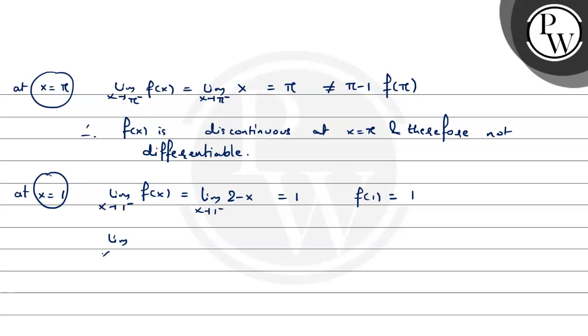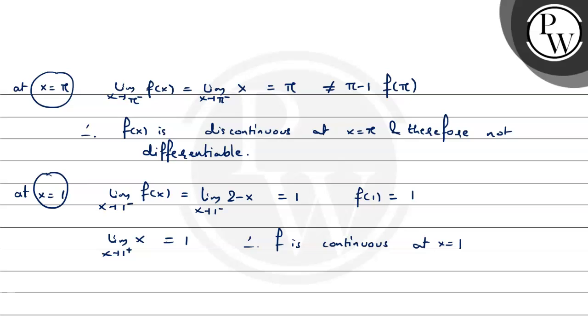Also, limit x tends to 1 plus of f(x): to the right of 1, the function defined is x, and the limiting value is 1. Therefore f is continuous at x equals 1.